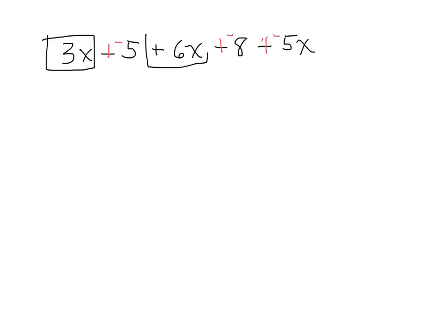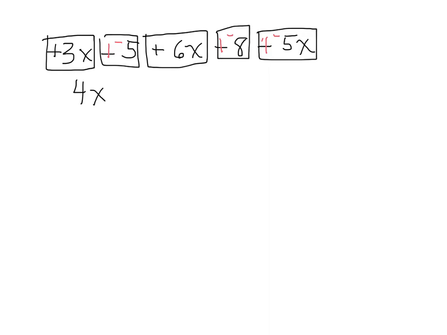3x. Notice I'm including a box around the sign in front of the number. Okay, so I have +3, +6, those two give me 9, and -5, so that gives me 4x. When I combine -5 and -8, I get -13.